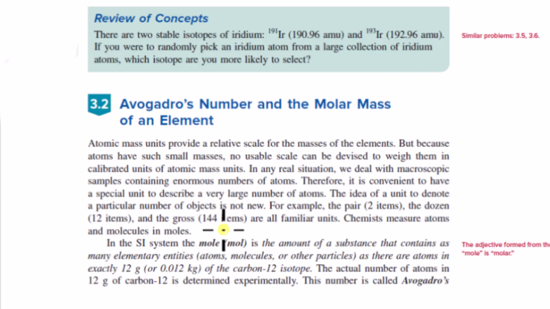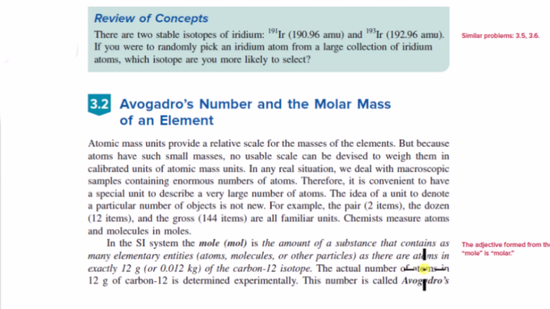I don't need to know the history behind where the mole came from to use it. And if we look at this definition of the mole, it says the amount of a substance that contains as many elementary entities, atoms, molecules, or other particles, as there are atoms in exactly 12 grams of the carbon-12 isotope.